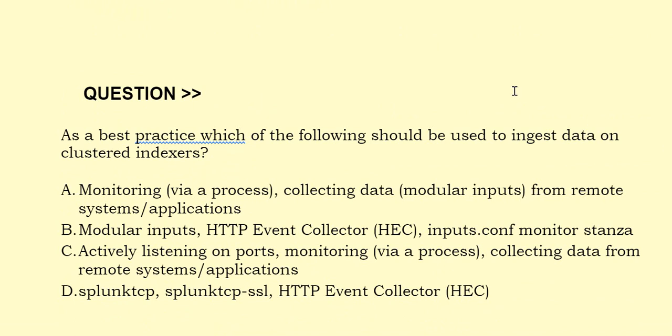indexers? Option A, monitoring via a process, collecting data from modular inputs from remote systems or applications. Option B, modular inputs, HTTP Event Collector HEC, inputs.conf monitor stanza. Option C, actively listening on ports, monitoring via a process, collecting data from remote systems or applications.